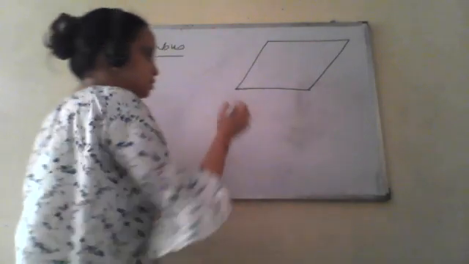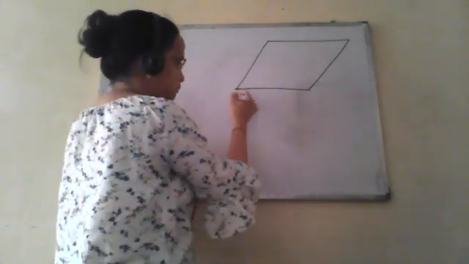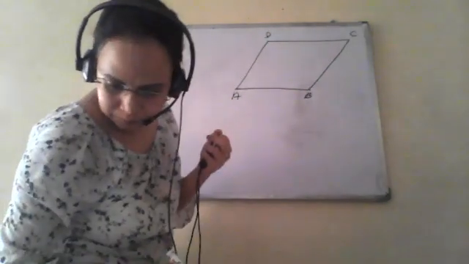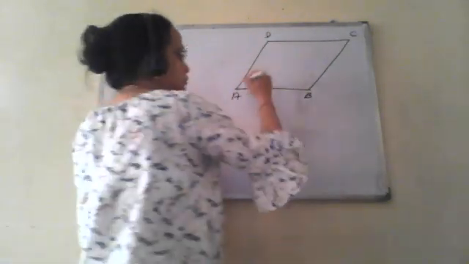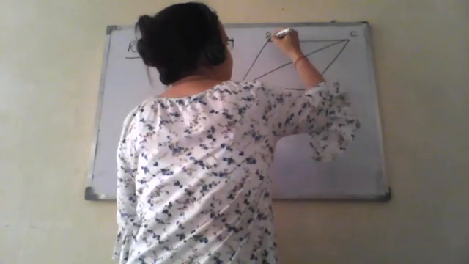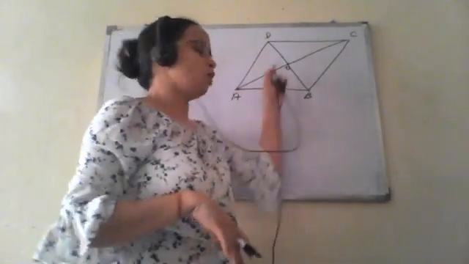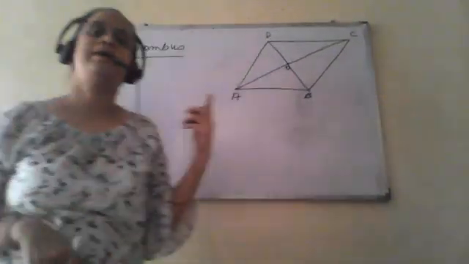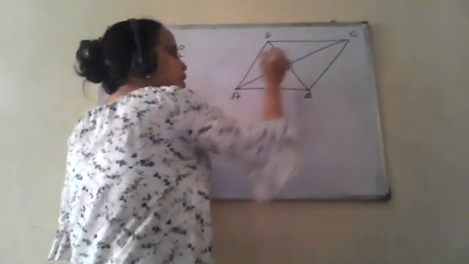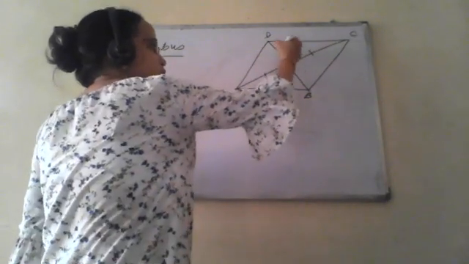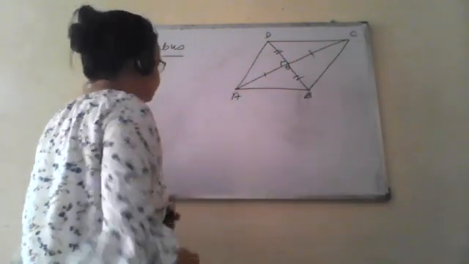In rhombus ABCD, this is O. You know all the sides of a rhombus are equal. Opposite sides are parallel and equal, in fact all four sides are equal. And the diagonals bisect each other at 90 degrees. That means this is equal to this and this is equal to this.